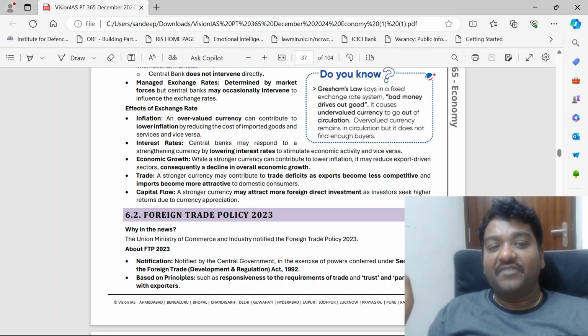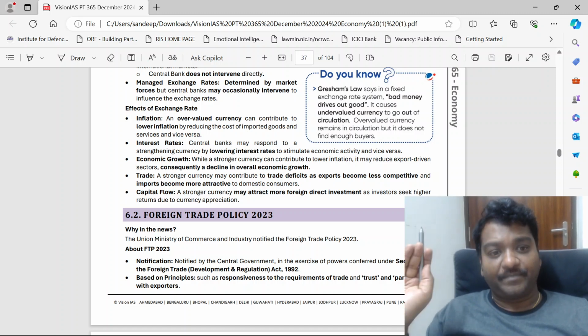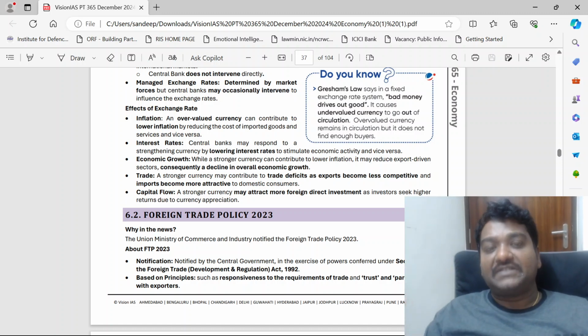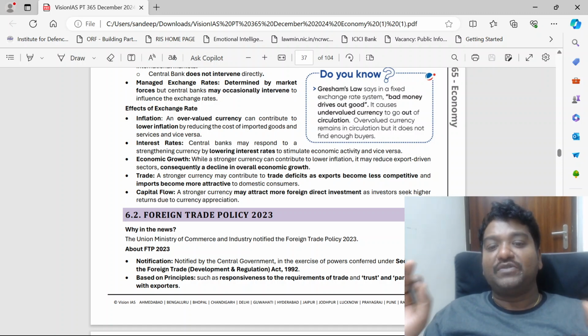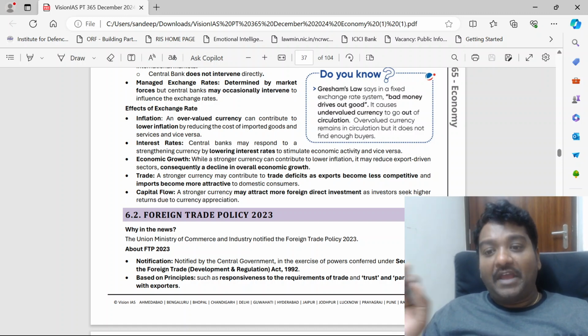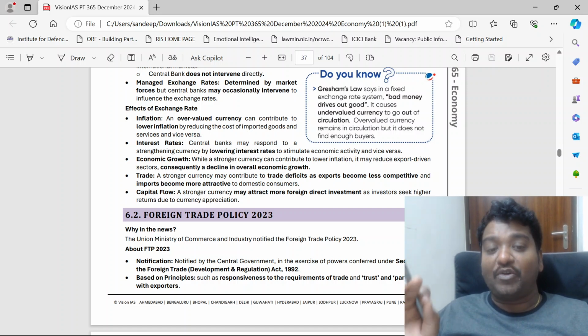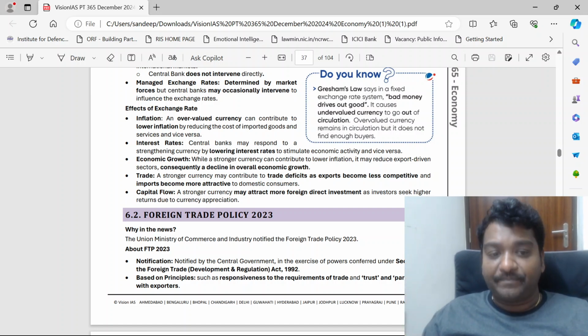Undervalued currency will lead to higher inflation. Interest rates: whenever currency is strengthening, they are going to reduce interest rates. Then economic growth. Normally what is going to happen, as there is lower inflation, export driven sectors are severely affected and it would affect overall economy of the country.